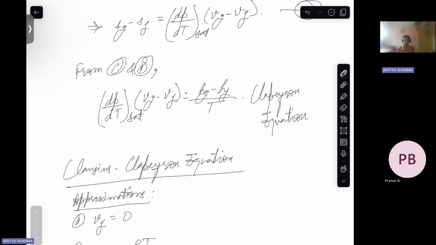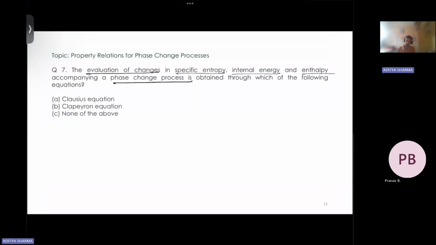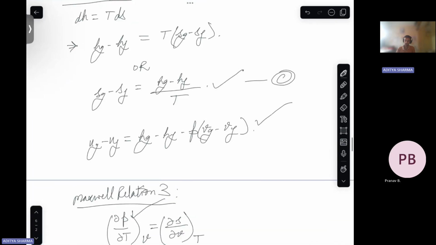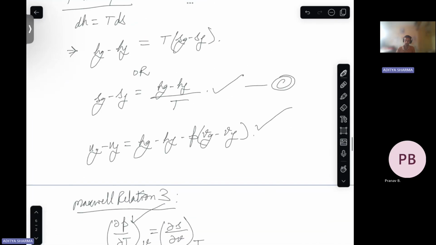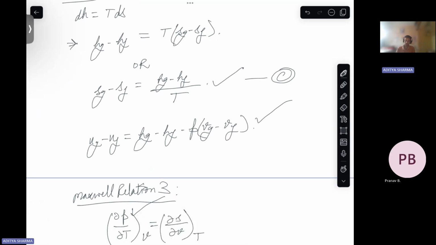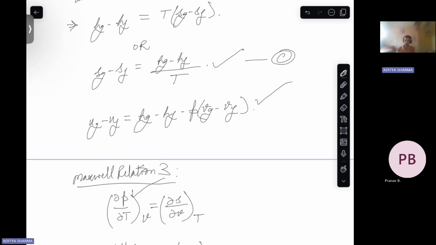Right? So if you see Clapeyron equation, change of specific enthalpy we can find out, right? So this question says specific entropy, internal energy, and enthalpy. So enthalpy we can find out, right? And if you see this equation C, from here you can see that specific entropy also you can find out, right? And then specific internal energy also you can find out from this relation just below C. Right?